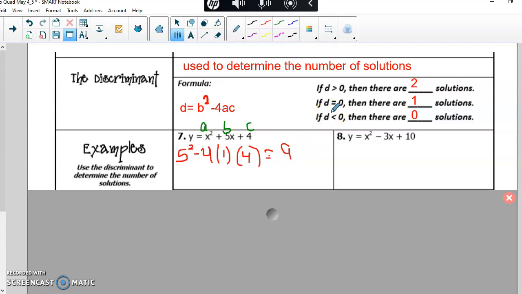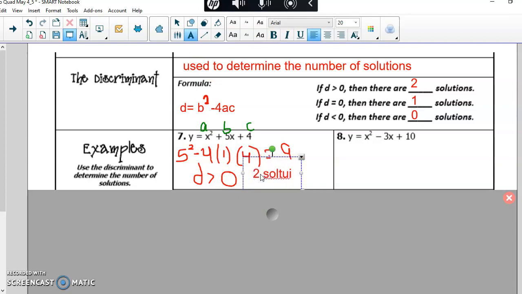In this situation, my discriminant is bigger than 0, so I have 2 solutions. That means that my parabola crosses the x-axis 2 times. Now this discriminant doesn't tell me where it crosses the x-axis, it just tells me how many times.